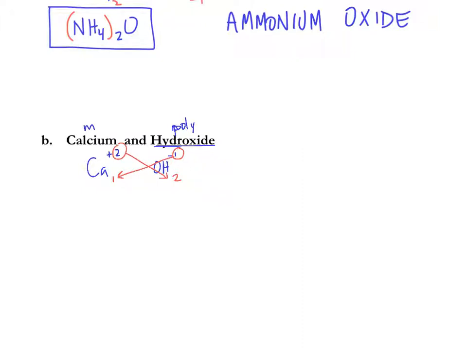Now I combine them. So calcium is going to get a 1, hydroxide. The hydroxide ion doesn't have any subscripts. So if I add any subscripts to it, like this 2 is greater than 1, I have to protect my hydroxide ion with parentheses.